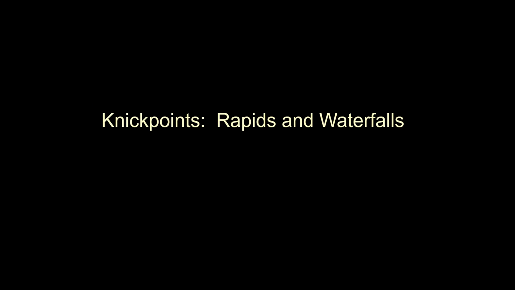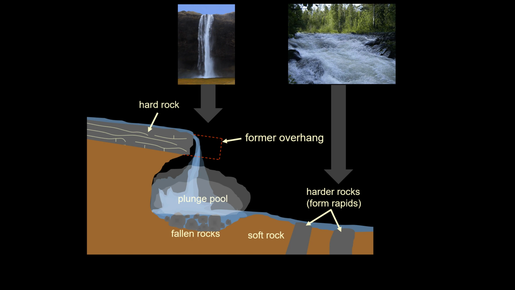Another example besides rapids would be a waterfall. So here we see both. In this diagram that I created, you see a side view. Here the water's flowing over this hard rock, and it ends up falling as a waterfall down into the plunge pool here. Over time, the water, as it continues to fall, will undermine and remove material below this hard rock, and eventually you might have the collapse of the overhanging hard rock.